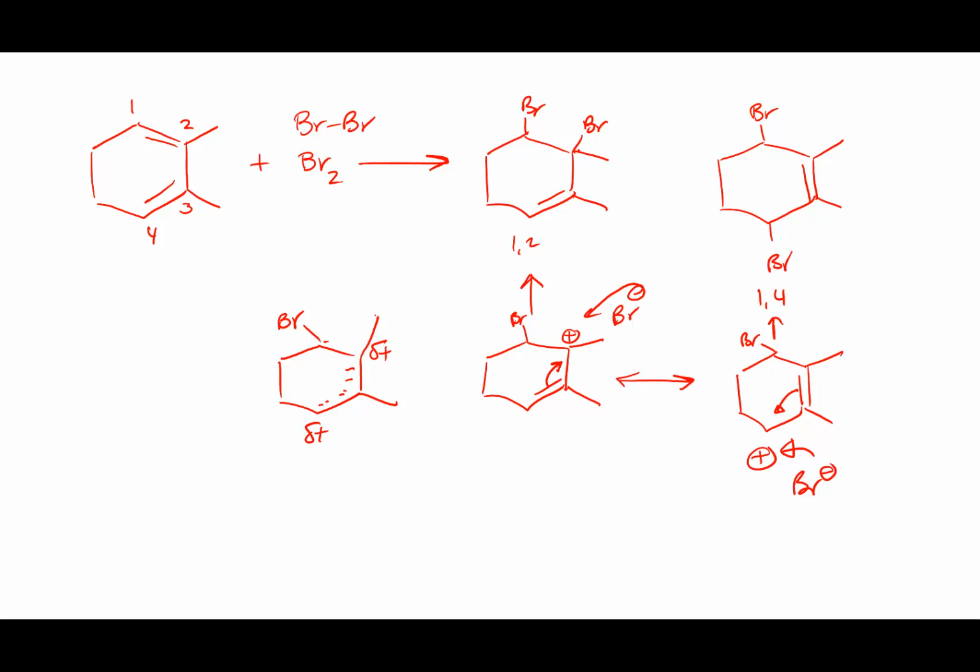The only thing I'm missing with making this the mechanism is to add the pair of electrons to the Br plus and then break the bromine-bromine bond to make the Br minus. And in the previous one, I think I'm missing that arrow to go to the H plus.